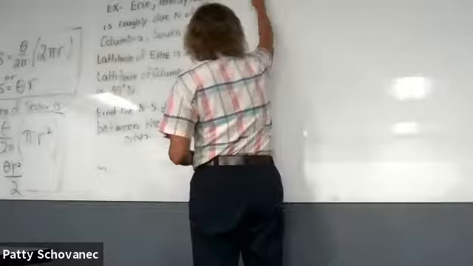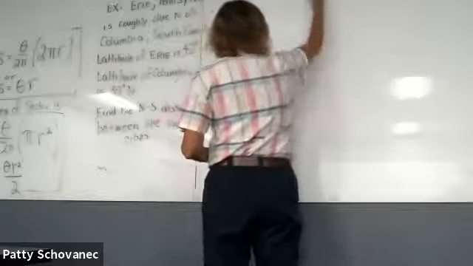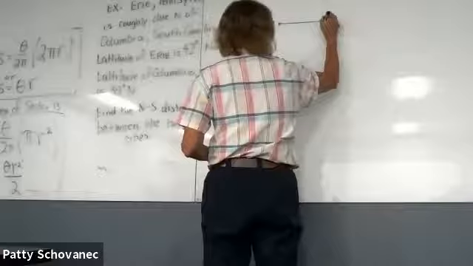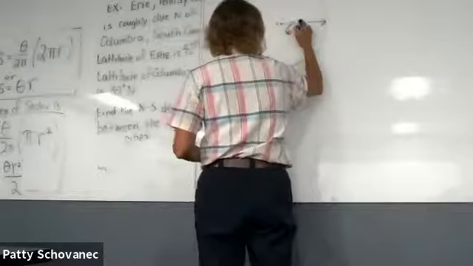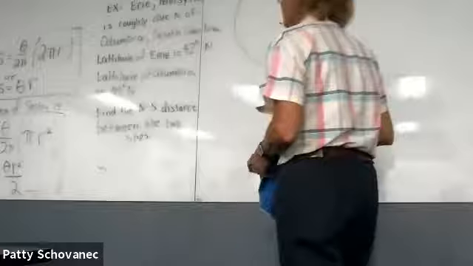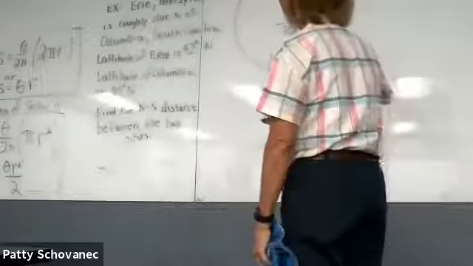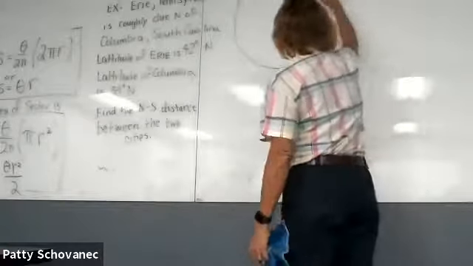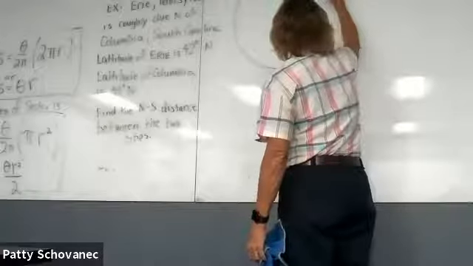The picture is this. Here's the Earth. Here's the equator coming across. And I know this is 6,400 kilometers of radius. If I go up from there, let's make this 34 degrees to put us at Columbia.